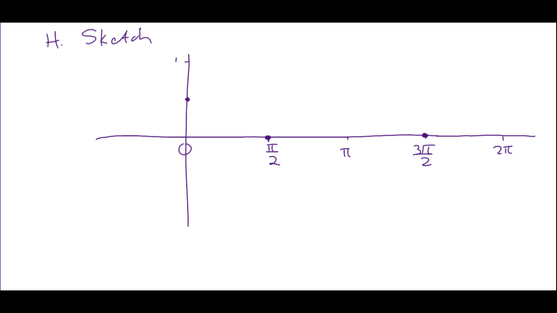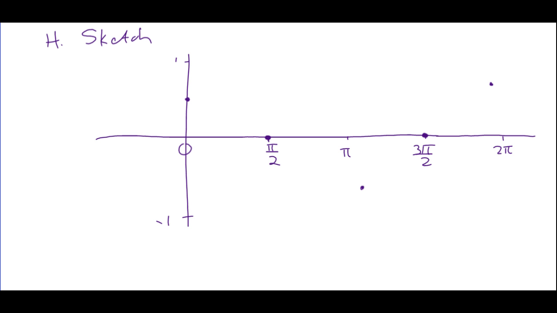Root 3 is like 1.7 divided by 3, so around a half, negative a half, I guess. And I've got a max at 11 pi over 6, which is 12 pi over 6 short of 2 pi, so just short of this, and a little bit over a half.